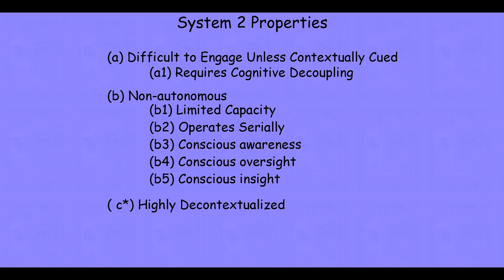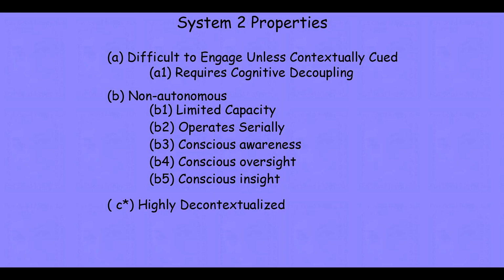So for instance, when we learn categorical logic later in the term, categorical logic is a means of representing the underlying structural relationships in a particular kind of deductive inference. And by doing this, we're capable of evaluating those inferences and not being misled by superficial content and context features of them.